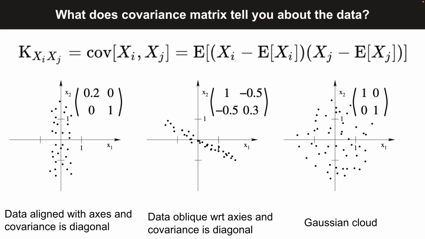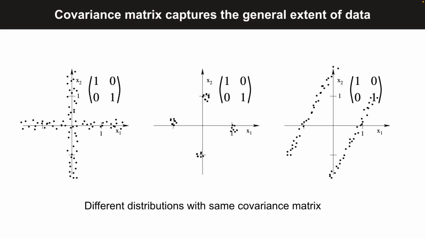So all of you have seen covariances in some format. This is just formalizing what it really looks like. We can push this a bit and see what we really learn about our data from the covariance matrices. They generally capture the general extent of the data. It doesn't mean that if this is 1 and 1, it has to have this kind of a spread. All it tells you is how much you gather about the overall structure of this data.